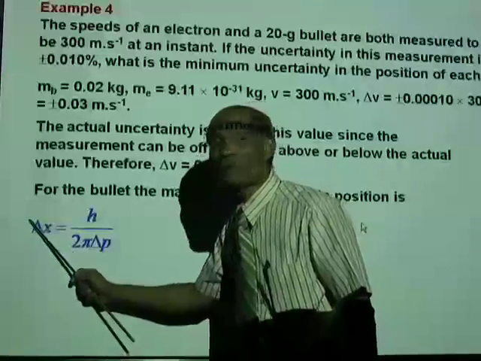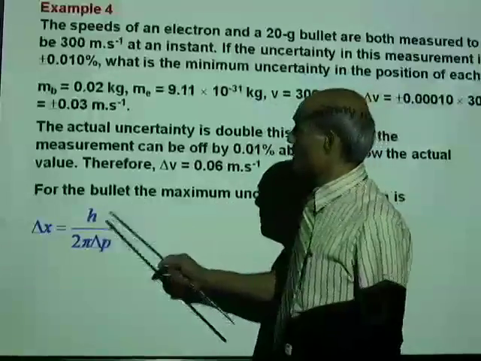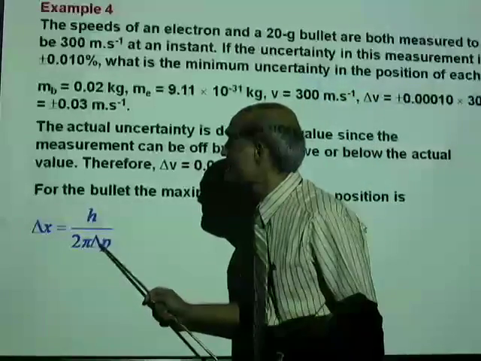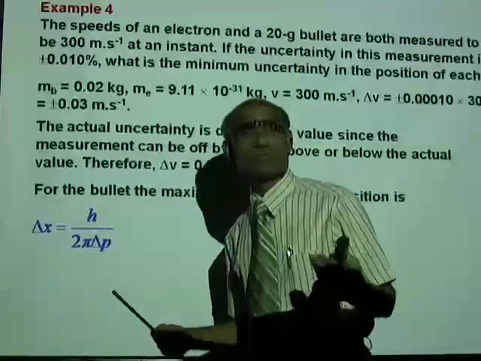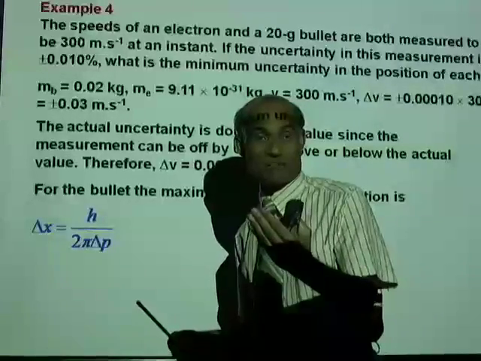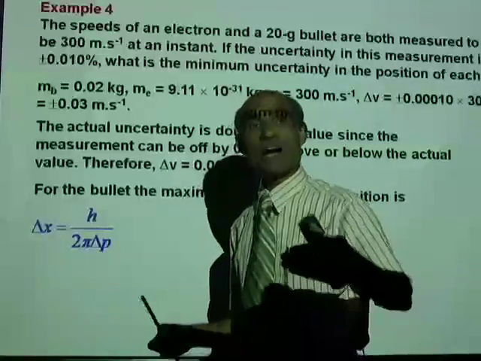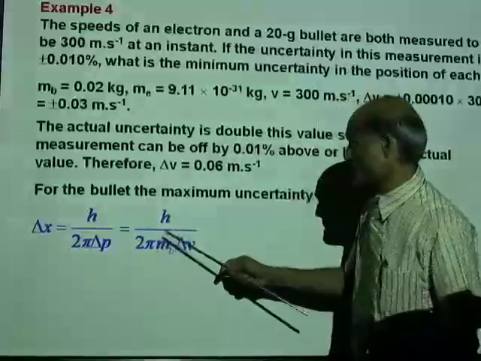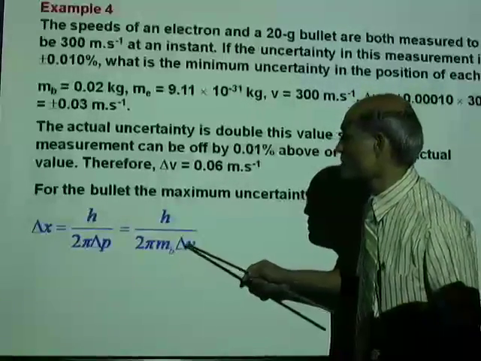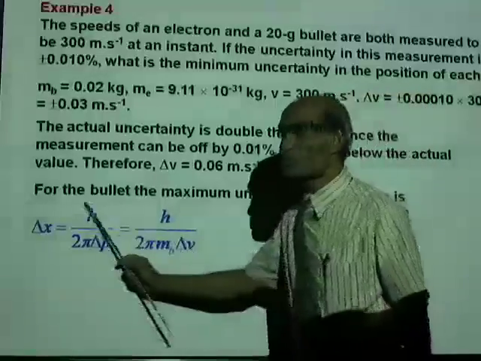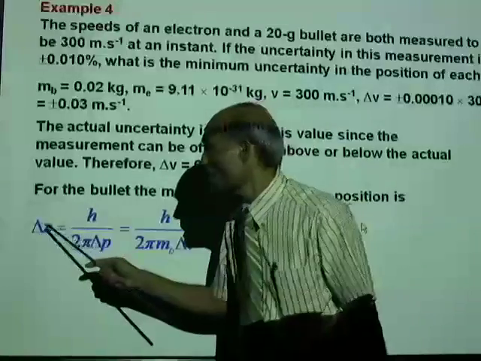And therefore, the minimum uncertainty in locating the bullet will be h over 2 pi times delta p, and delta p is the uncertainty in the momentum, which is mass times delta v. So we replace that. That will be h over 2 pi times mass of the bullet times delta v. I hope you understood this statement. We are looking for the minimum uncertainty in the position.